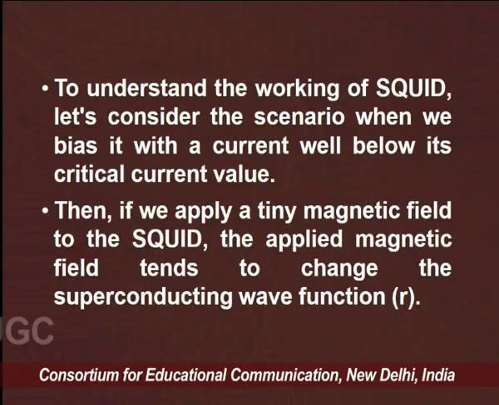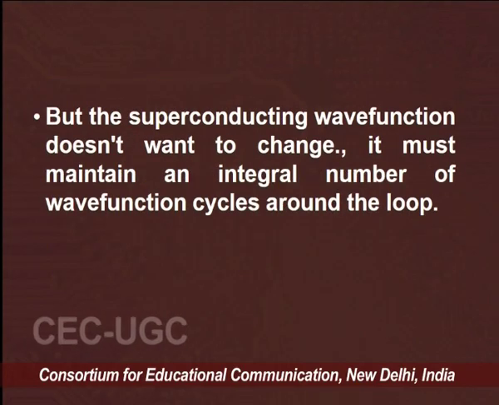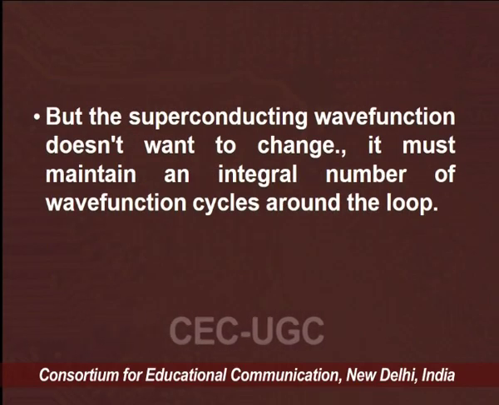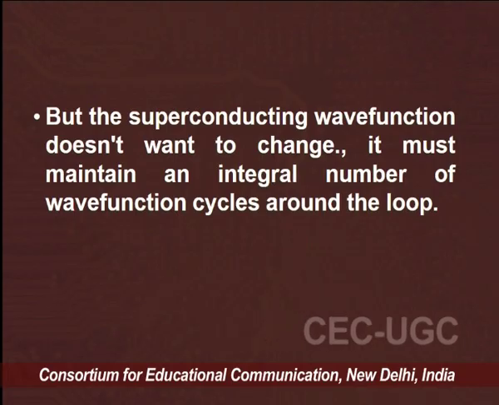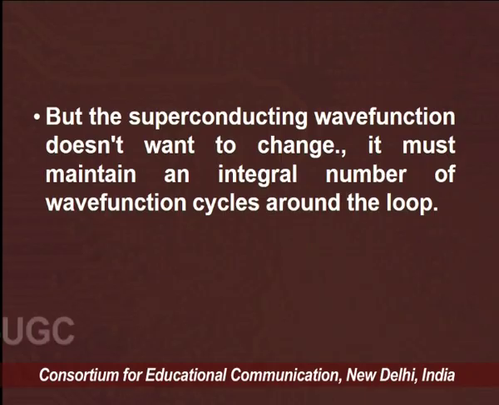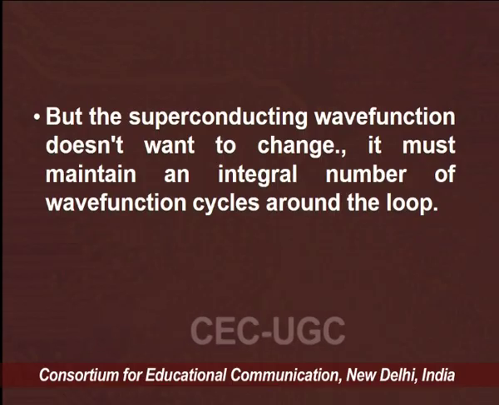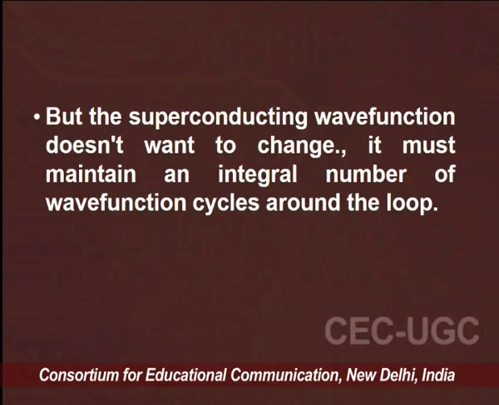Then, if we apply a tiny magnetic field to the SQUID, the applied magnetic field tends to change the superconducting wave function, but the superconducting wave function does not want to change. So it must maintain an integral number of wave function cycles around the loop.